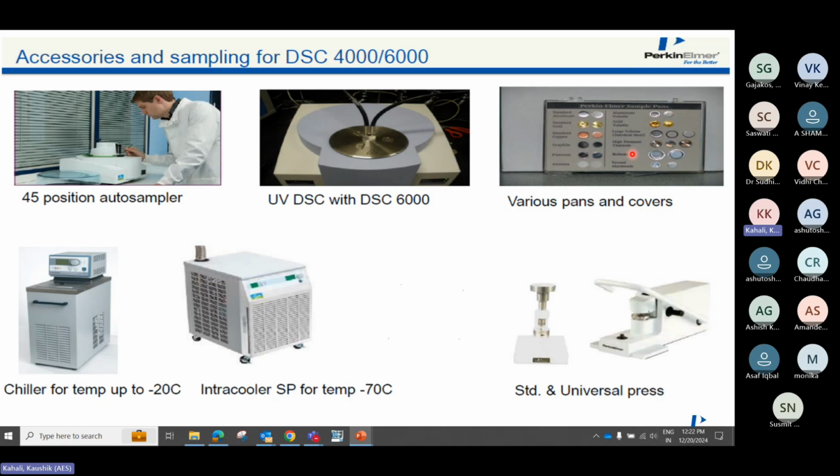Normally the aluminum and other pans are not reusable because you need to crimp them, so it's a one-time use. But pans like the ceramic ones are reusable. So based on the application, we have the availability of different kinds of pans and covers.